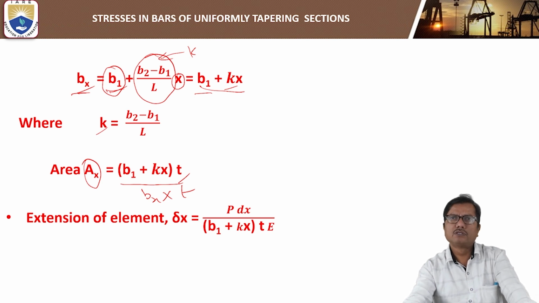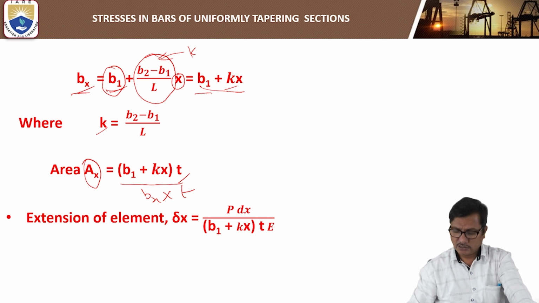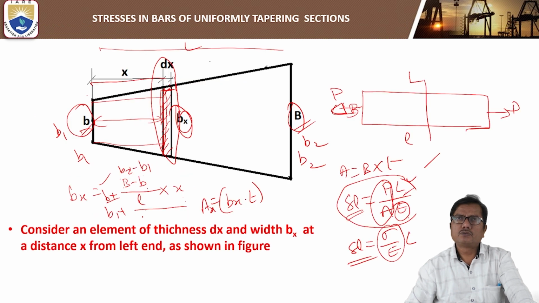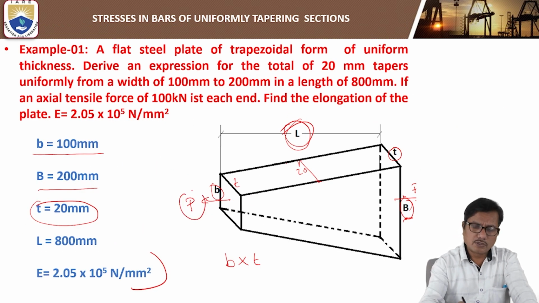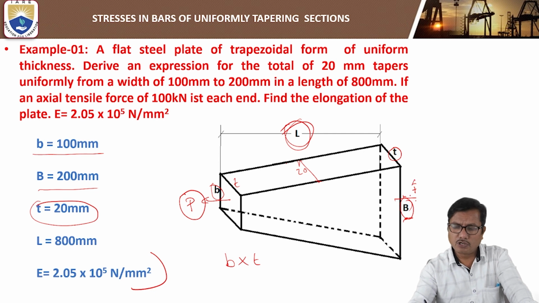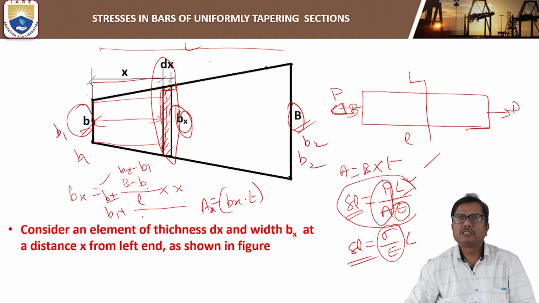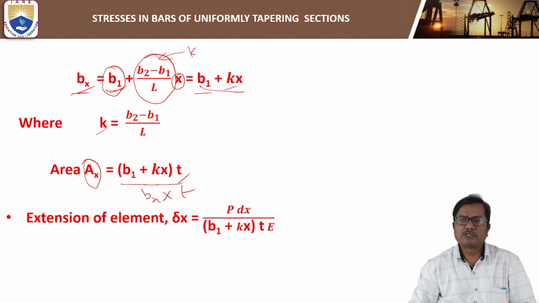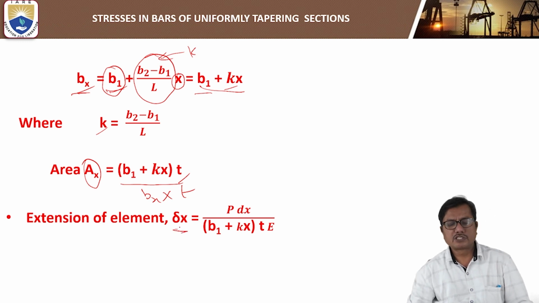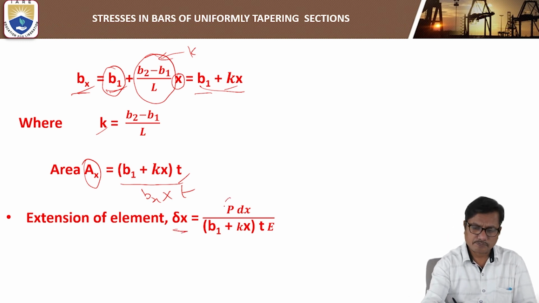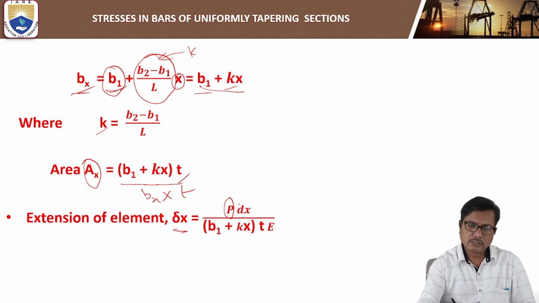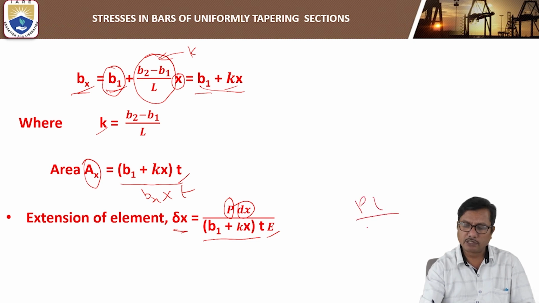Knowing the cross sectional area, and that the element is subjected to an axial pull of P, under the action of load P, the extension of this elementary strip is given by PL by AE.